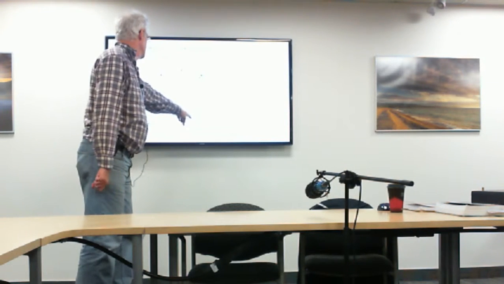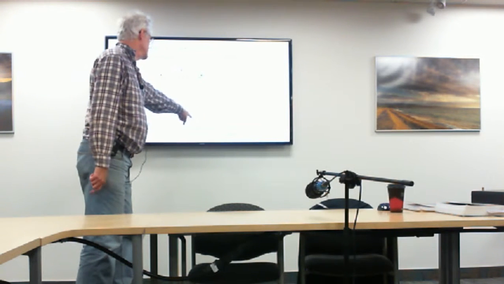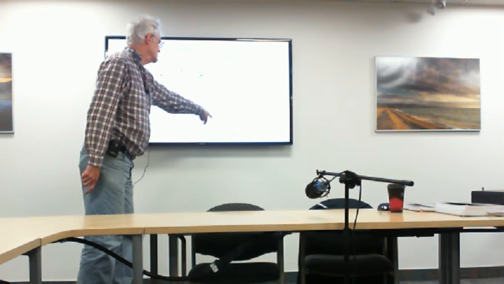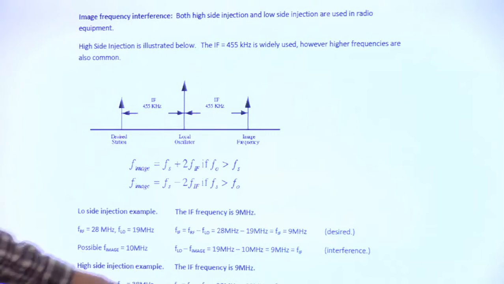If we mix 10 megahertz with our 19 megahertz local oscillator, we still come up with a 9 megahertz difference signal. So that's interference. We don't want that. And likewise, apply the same example if it was a high side injection. Just an example of the numbers.